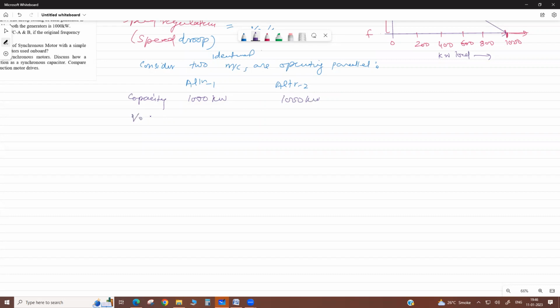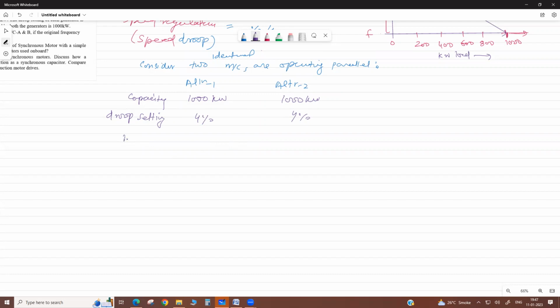The percentage drop is called the speed drop, or droop setting. The speed droop setting is 4% here, and here it is also 4%, suppose.